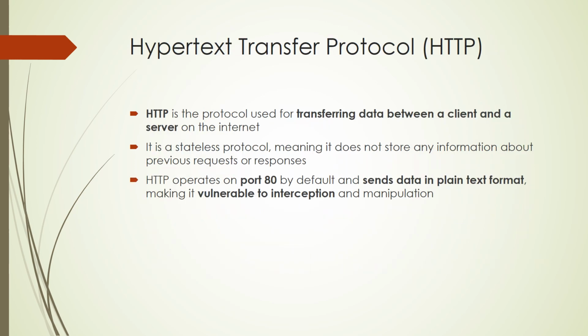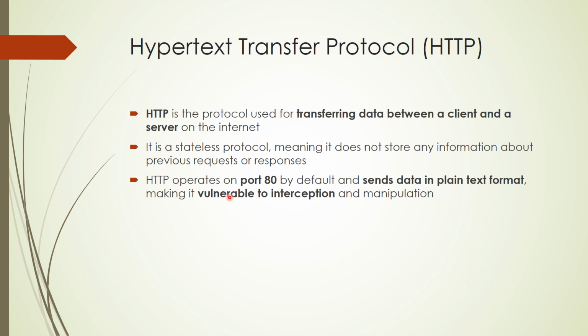Now let's look at Hypertext Transfer Protocol. It is used for transferring data between a client and a server on the internet. HTTP is a stateless protocol. It means it doesn't store any information about previous requests or responses.